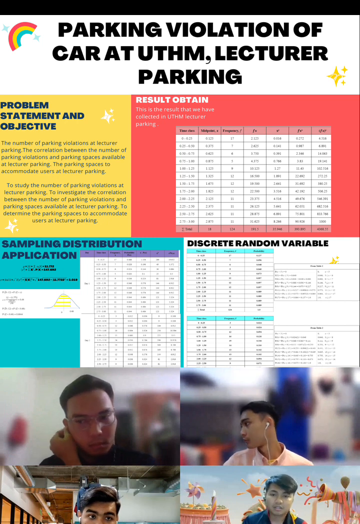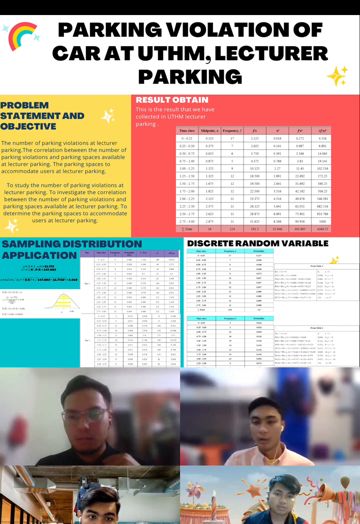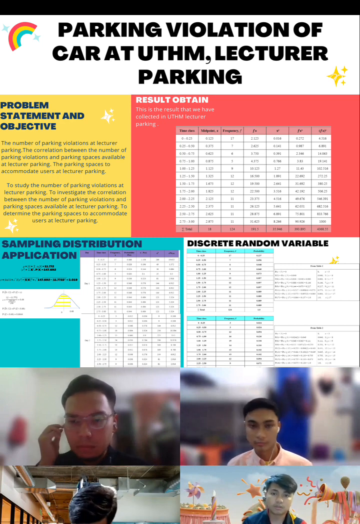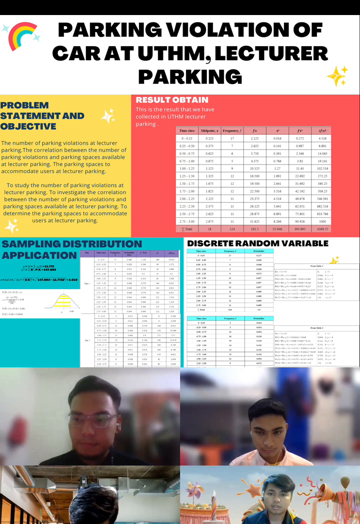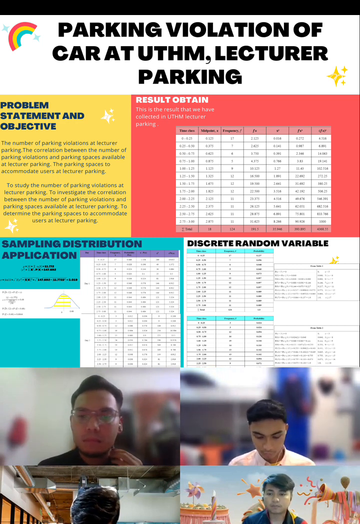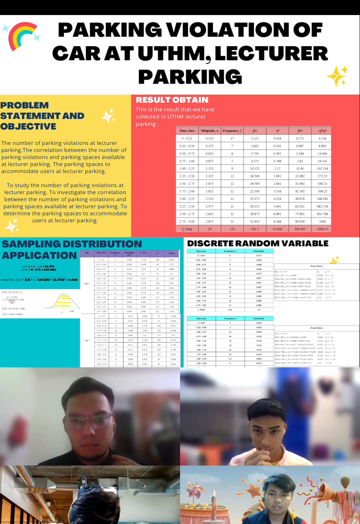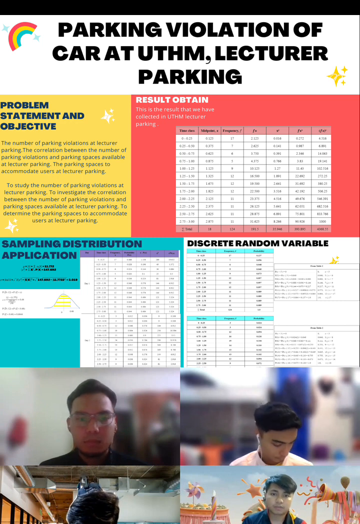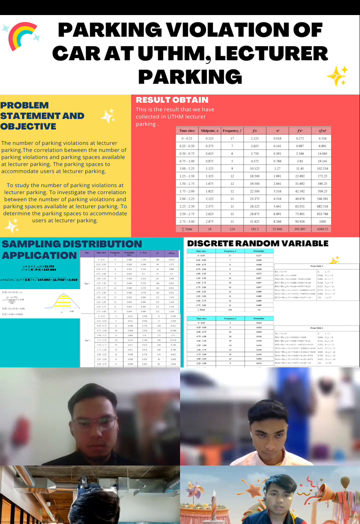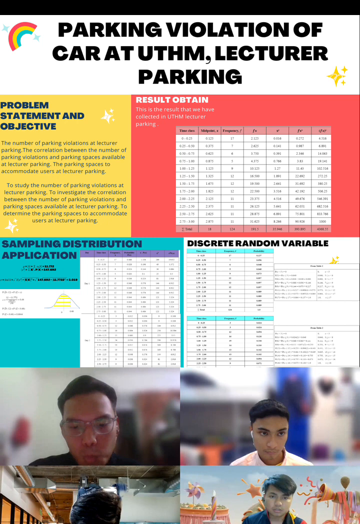The table that we use is from the result obtained for every 15 minutes, and the table has the frequency and the probability. Next to the table, we can see the cumulative distribution function, and it shows that we calculate for every 15 minutes by using the discrete random variable.